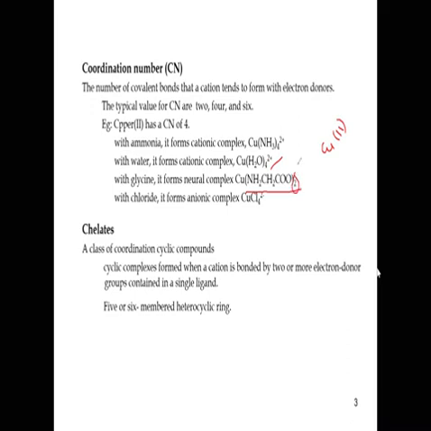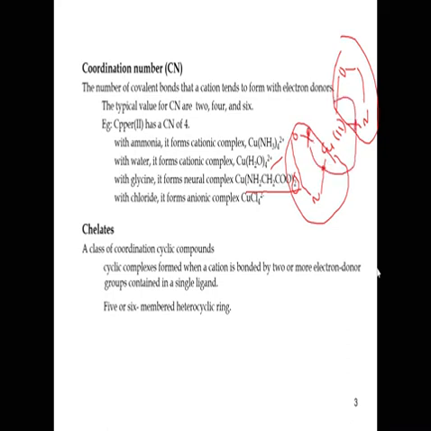Each glycine molecule can make 2 bonds, from the oxygen on one side and the nitrogen on the other. The other part of the molecule is somewhere here. Two glycine molecules, one from this side and the other from this side. Again, 4 coordination bonds: this one, this one, this one, and this one.